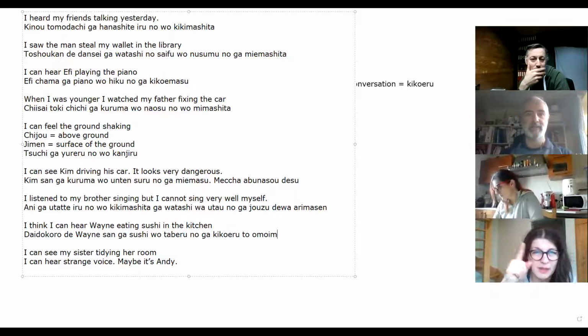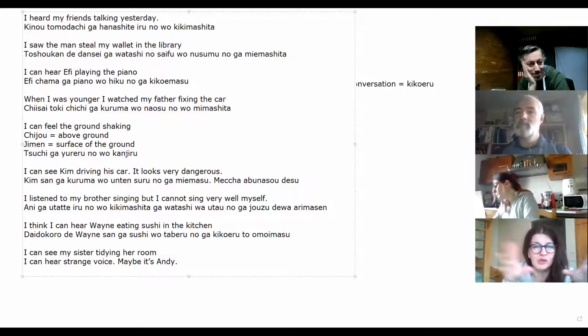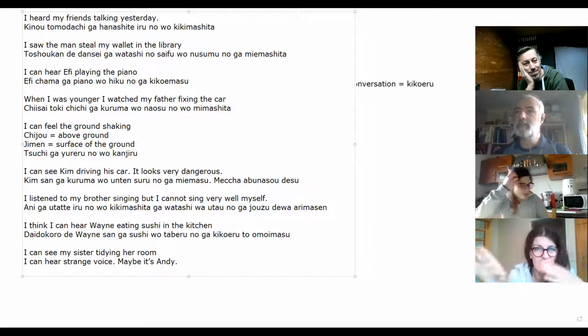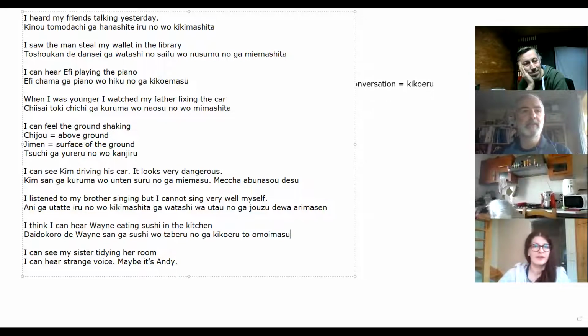Yeah, exactly. Good. But I don't have to change the 聞こえる, right? No, just this is 聞こえる fine. と思います。 Yeah.